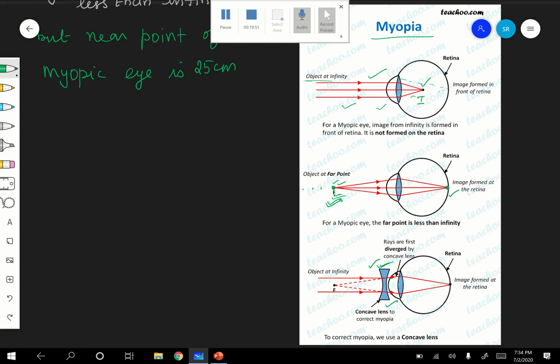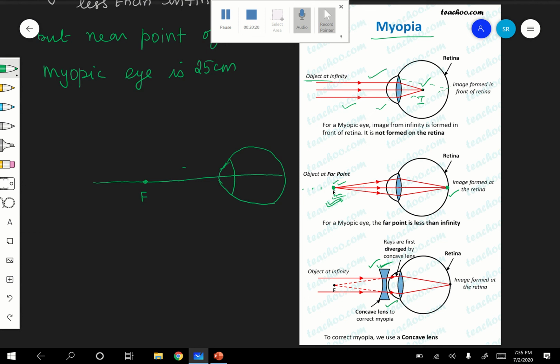See here how to rectify. This is the eye lens, and now this is the far point of the defective eye, that is the myopic eye.